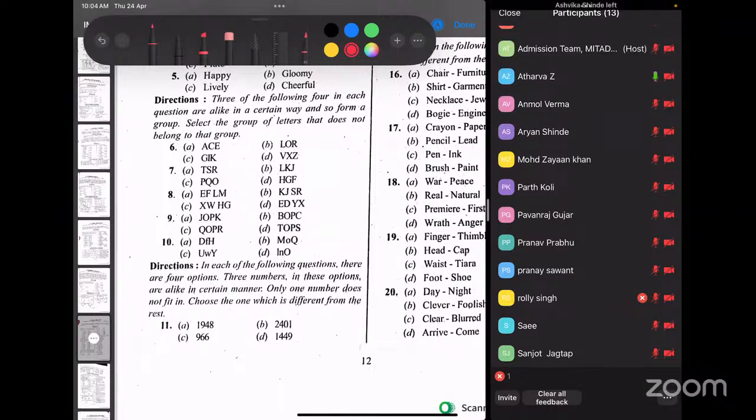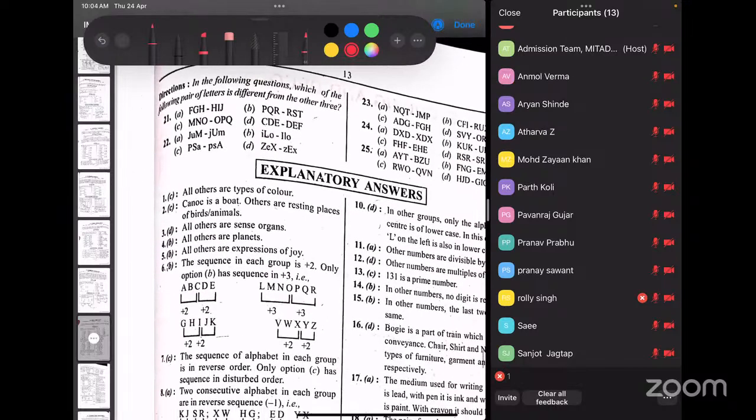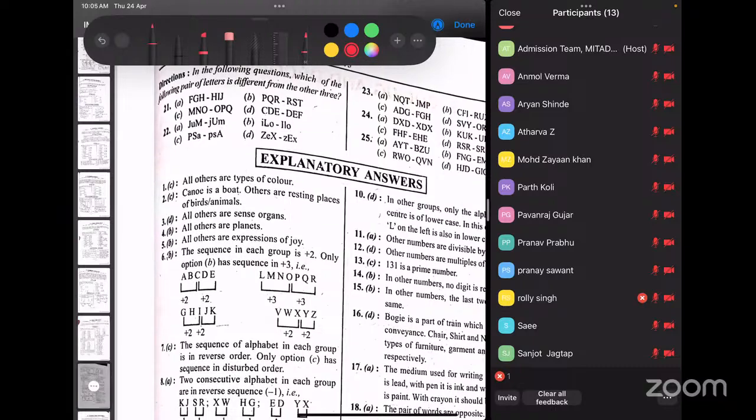Sir, it's a pattern basically. A, B, C, D, E, so B and D are cancelled. G, H, I, J, K, so H and J are cut. That's how the pattern goes. So B is the correct option.